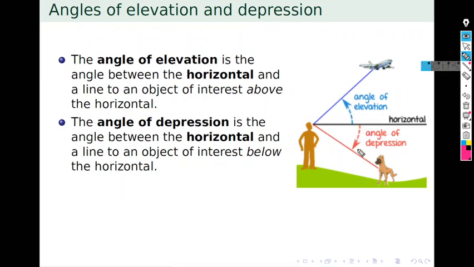Likewise, if it's going down from the horizontal, it's an angle of depression. So they're looking down at this dog at some angle of depression. Now, I'd say the main mistake people make is that they don't measure it from the horizontal. So they might measure it from the vertical. That is a common mistake. So, you know, say you had your person here, and your dog here.